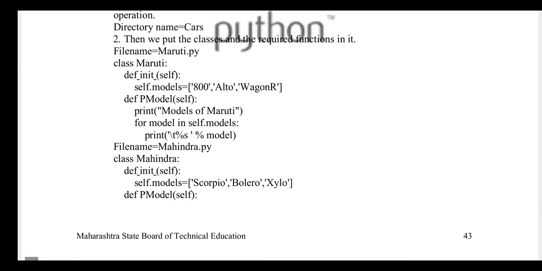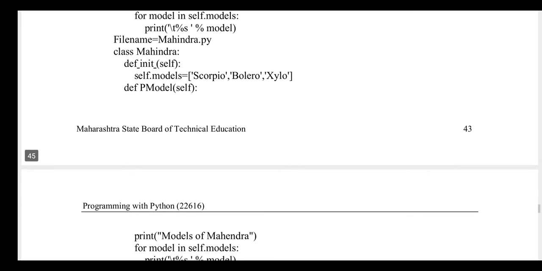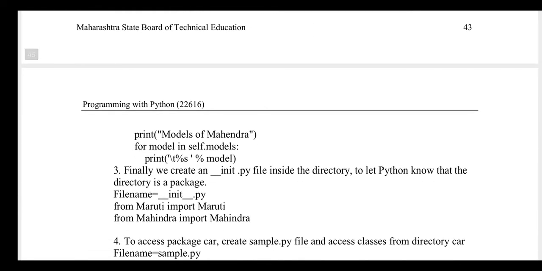Next is Mahindra.py, where we specify the content of that particular file in the same way. We specify the class for Mahindra, and then another function to print its models. In this way we create files for different companies.